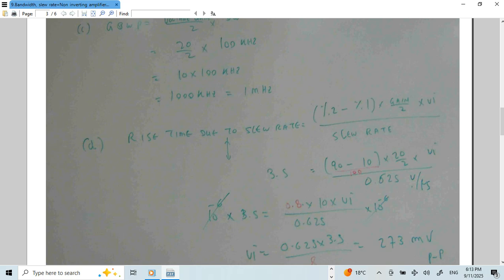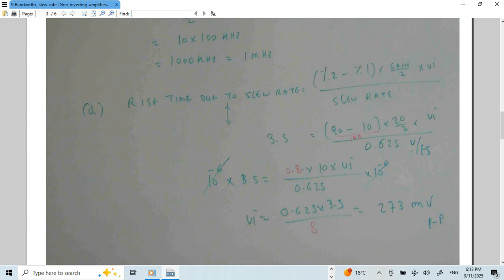So rise time due to slew rate can be calculated. This equation is percentage 2 minus percentage 1, multiplied with K divided by 2, multiplied with VI, divided by slew rate. So this is the equation.